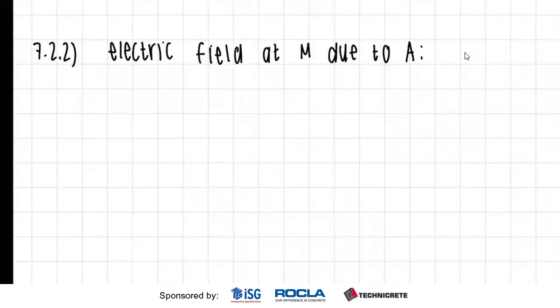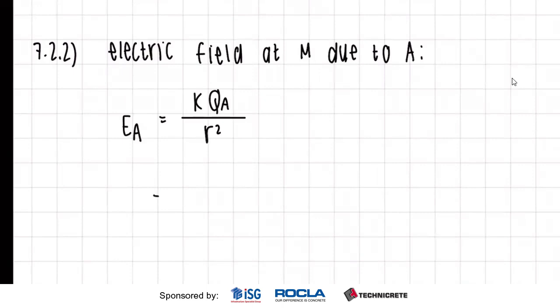So our formula is the electric field because of A is K, which is our constant, times Q, which is the charge of A, up QA, then obviously over the radius squared. Okay, remember the radius is not 0.4, it's 0.2 because M is halfway between.